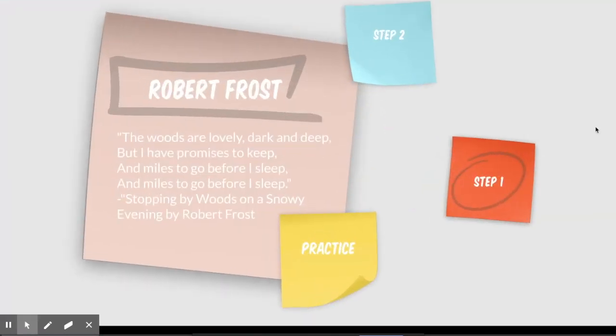So for just a little bit of practice, we're going to do part of the Robert Frost poem, Stopping by Woods on a Snowy Evening, that we worked on already. This part of the poem is the final stanza: the woods are lovely, dark and deep, but I have promises to keep, and miles to go before I sleep, and miles to go before I sleep.